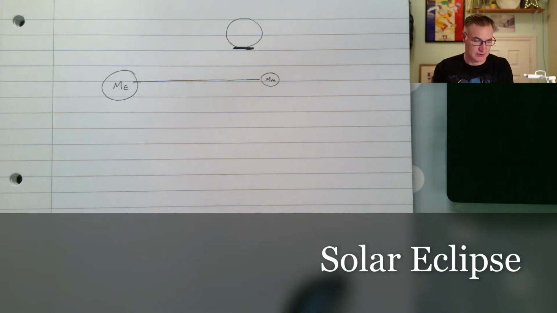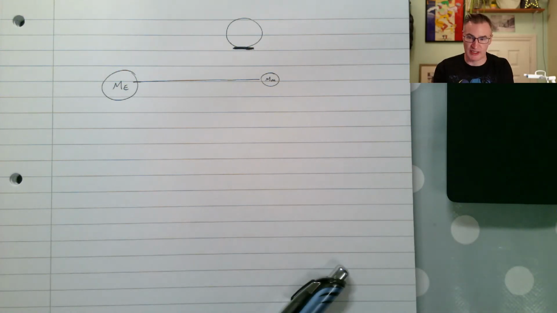As the Moon passed in front of the Sun, there was a total eclipse in one of the places, and a partial eclipse in another place, and they used parallax to find the distance, which is pretty awesome.